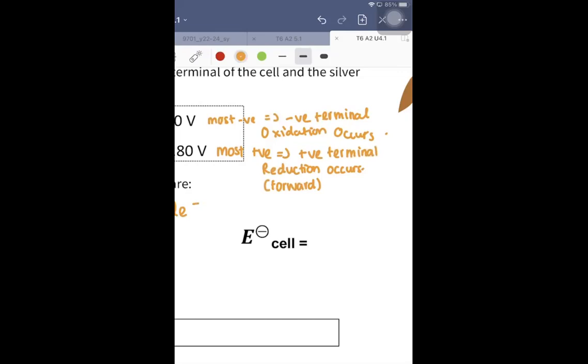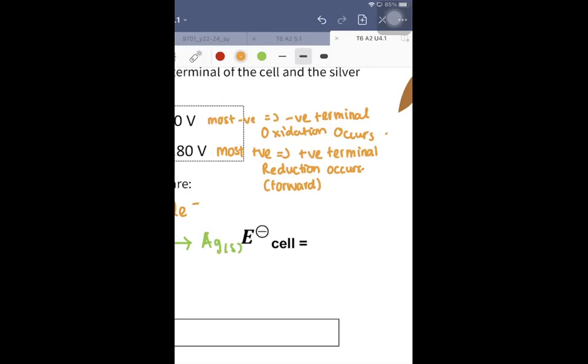Reduction is the most positive E note, which is the forward reaction, Ag plus aqueous plus electrons to form Ag solid. I forgot to include the state symbol aqueous. So this is the oxidation equation and the reduction equation for the setup.